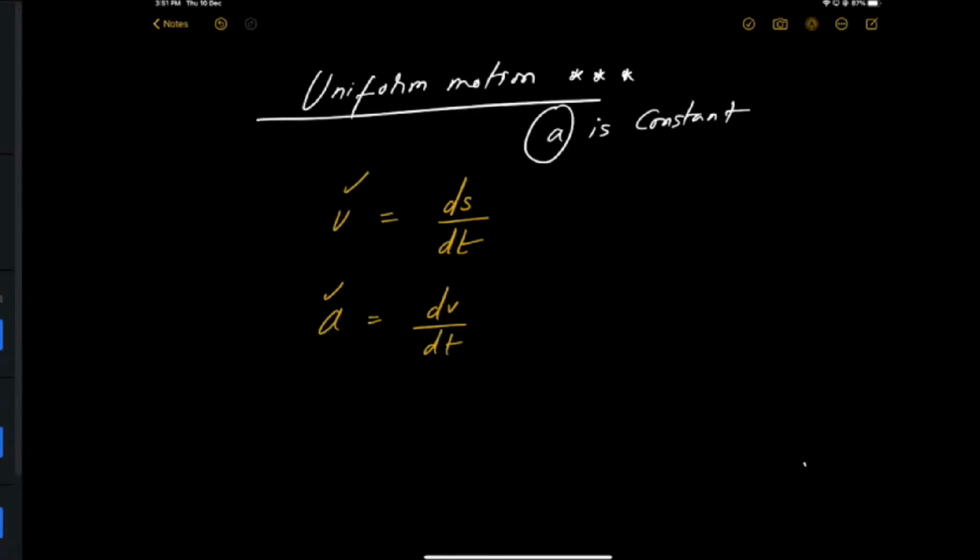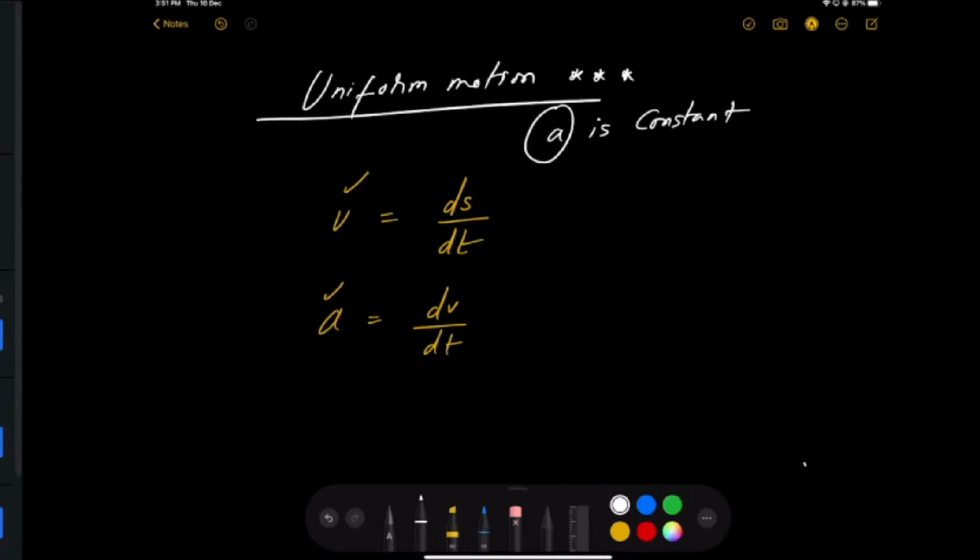Now here you can conclude one thing. If you have a displacement time graph, time versus displacement graph, because the derivative gives you slope, the slope of the displacement time graph is what? Velocity. Okay, let me write in another color. So the slope, because what is derivative? Slope.